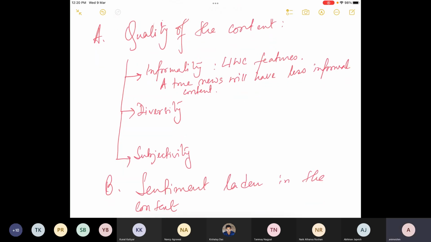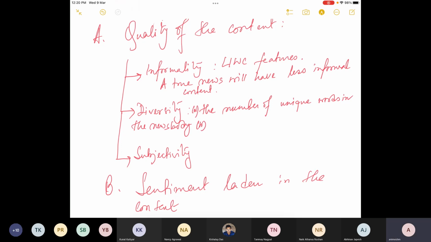So how do you measure diversity? You estimate the number of unique words in the news body. Okay, so this is one thing. One is the number of unique words in the news body.